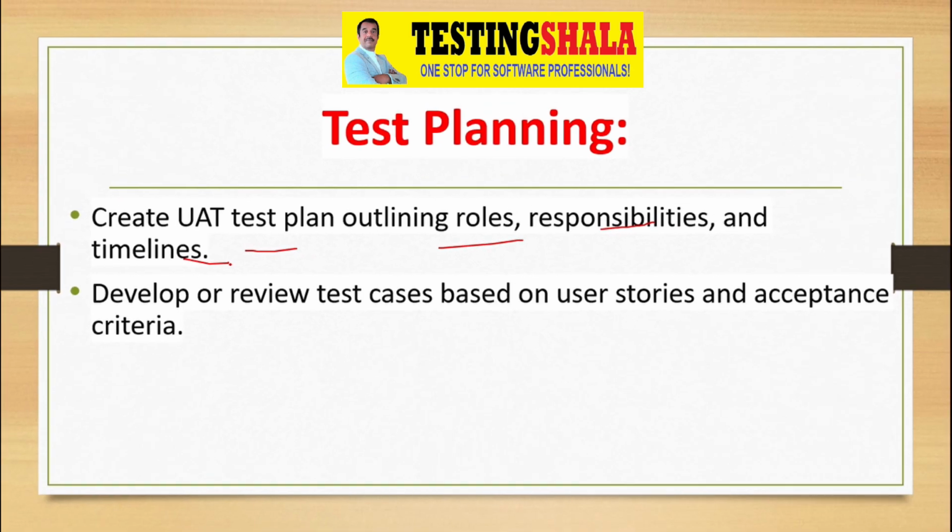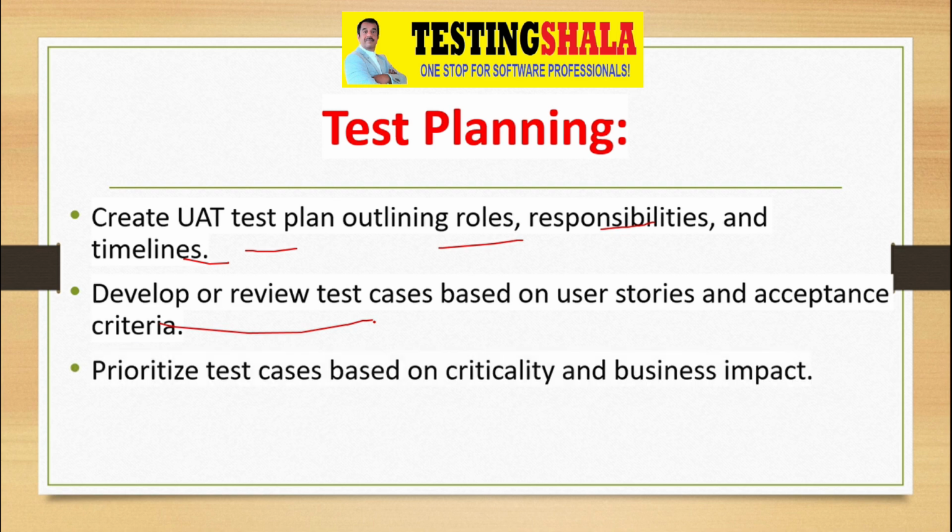And we should also develop the detailed test cases for executing those scenarios, and you have to define acceptance criteria also. And we should prioritize the test cases which we wrote based on the criticality as well as business impact. That is also required to be done.